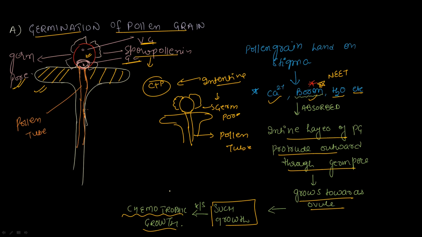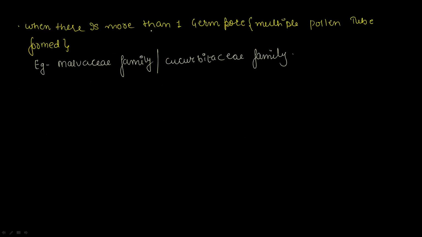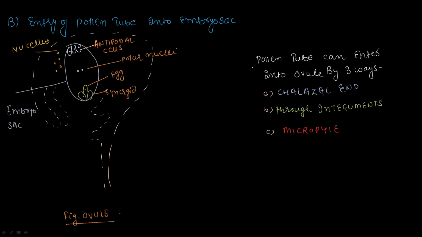Chemotropic growth, where the pollen tube is attracted toward the ovule, and ultimately it will go toward the embryo sac. When there is more than one germ pore, multiple pollen tubes are formed, as you can see in the Malvaceae family or the Cucurbitaceae family.